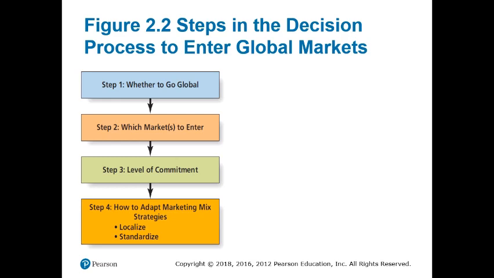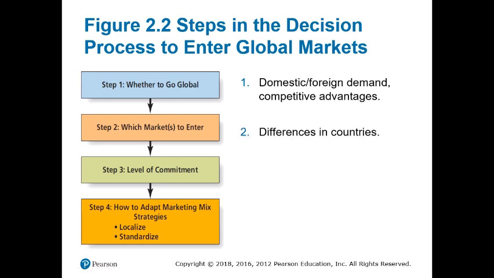So when you want to consider going global, going international, what are the steps to follow recommended by international business and marketing experts? First, you have to look at domestic and foreign demand.